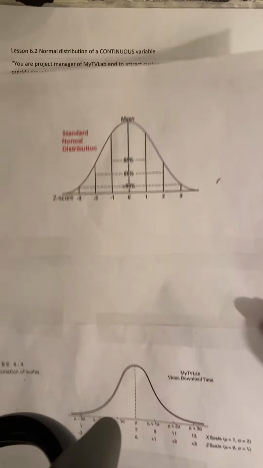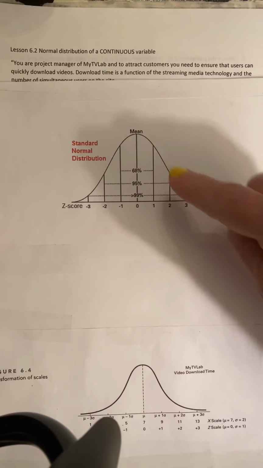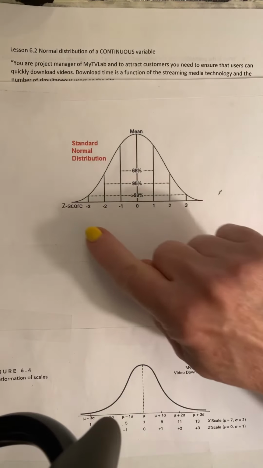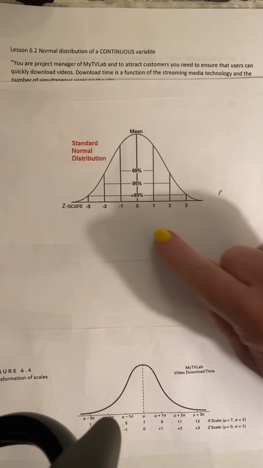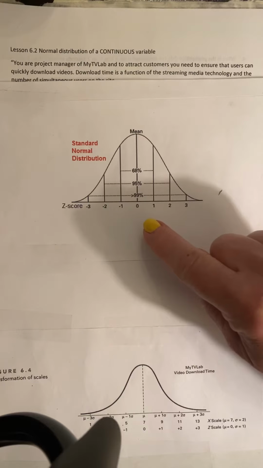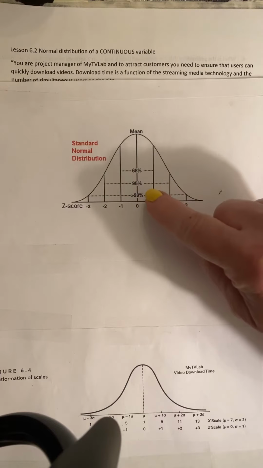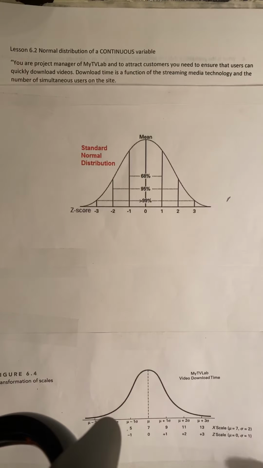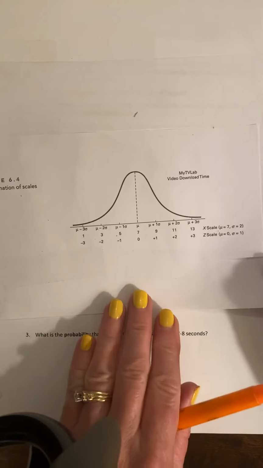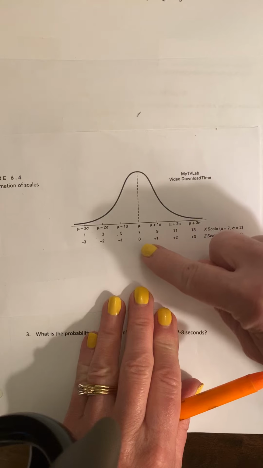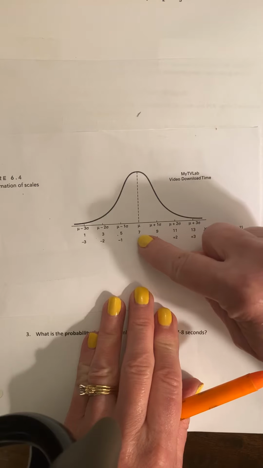If you recall, this is what a normal distribution looks like. These are z-scores here, and we convert to z-scores because on the chart, the area under the curve is the probability. Now, here's a chart of our video time, and you can see 7 seconds is our mean.